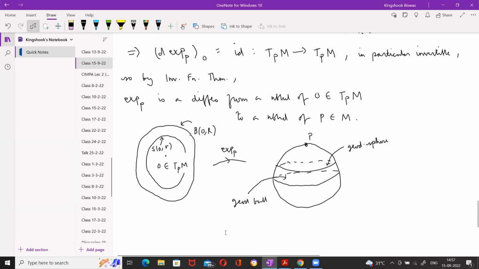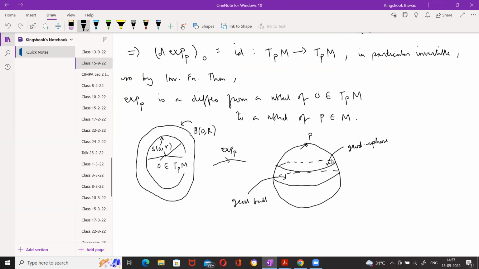So in this case, latitudes will be geodesic spheres, right? For the sphere, this is a latitude. Latitudes are geodesic spheres. And the straight lines through the origin go to longitudes, and these go to geodesics.